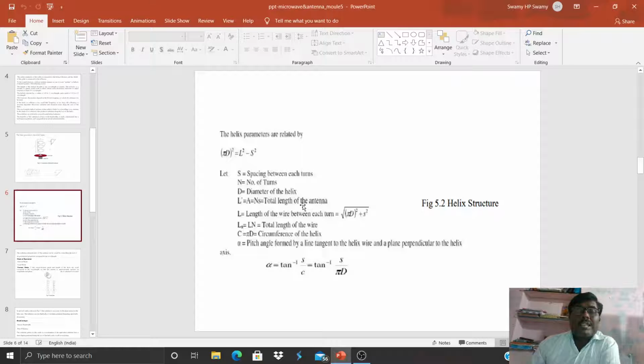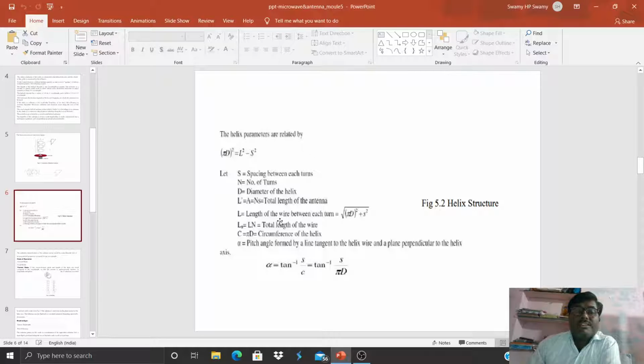The total length can be represented by capital L, or A, or NS. All are the same. Now L is the length of the wire, and the total length of the antenna is L dash.